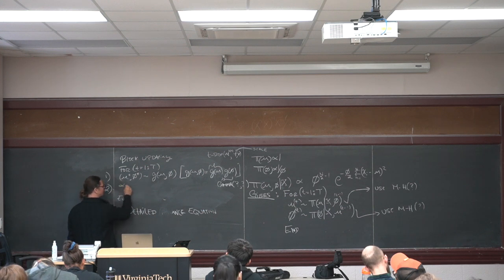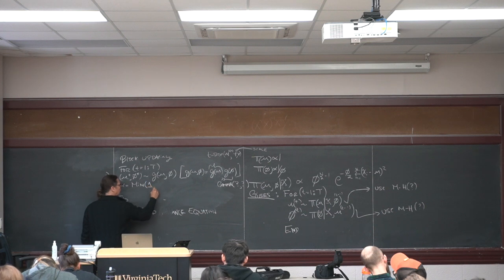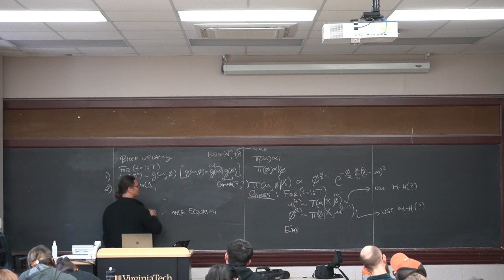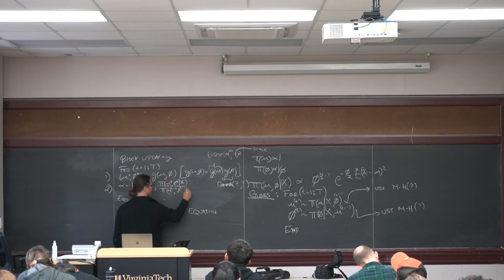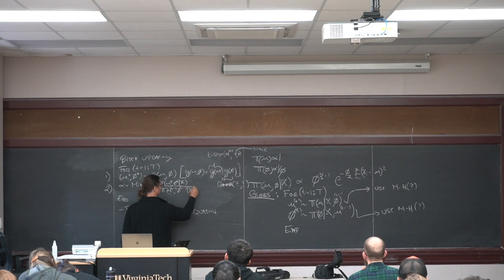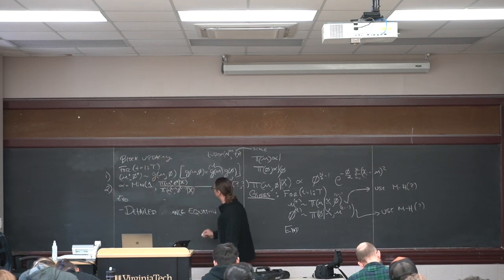So I compute the acceptance rate. This is min 1, and I would look at my target right here. That would look like pi of mu star, phi star given x, divided by pi of mu t minus 1, phi t minus 1 given x. And then I have to incorporate my prior structure.